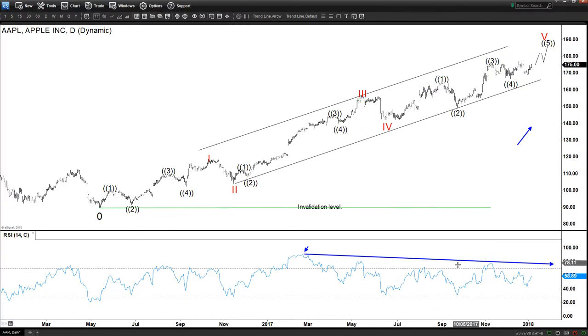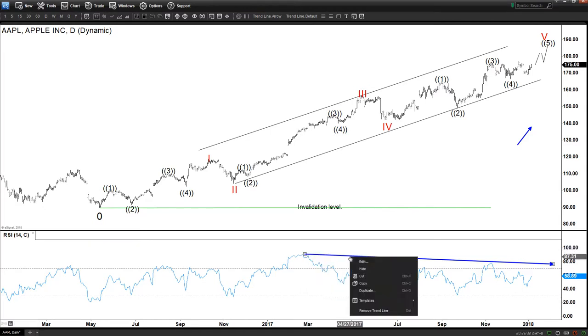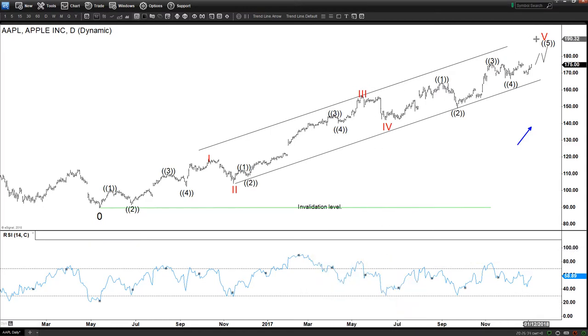So that's what it means by momentum divergence. The momentum does not really confirm the rise in the price here, even though the price keeps rising, the momentum is slowing down. So this is typical of the wave 5 push to the upside, where we do not have broad participation from the public, and therefore the momentum does not confirm the push in price right here.